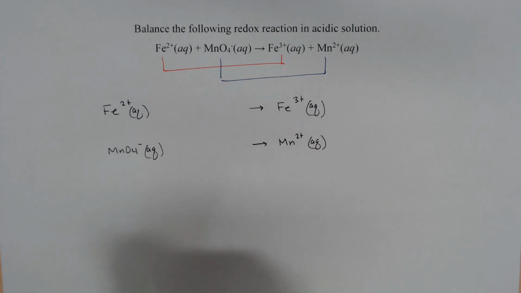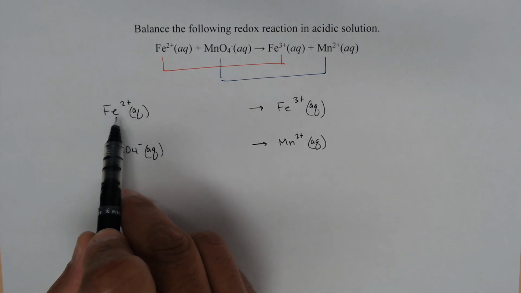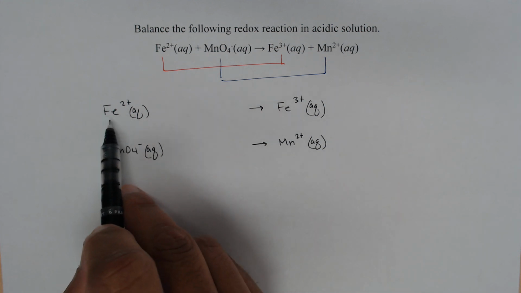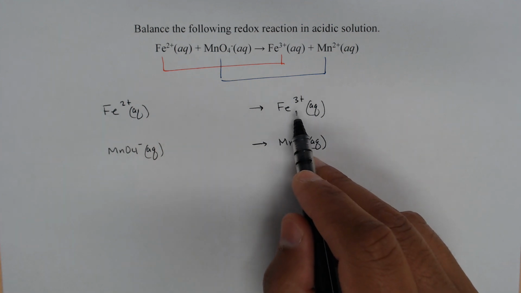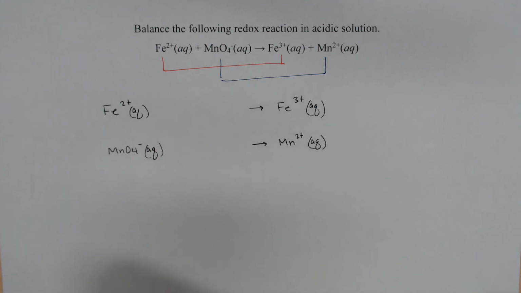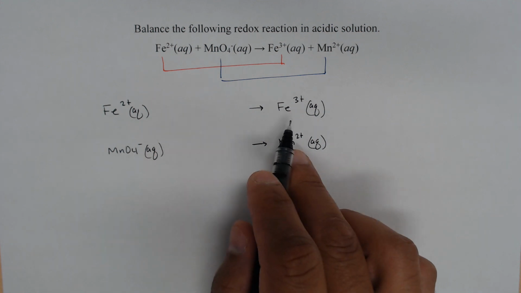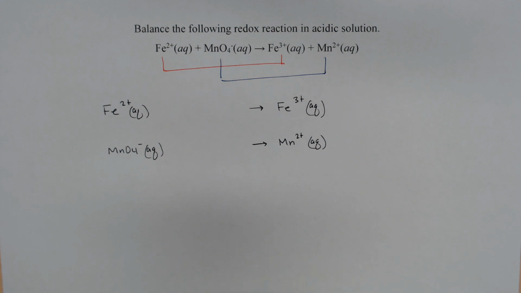But in the half reaction method, we need to balance charges as well. You notice there's a difference in charges. This iron is a 2+ oxidation state, and this iron is a 3+ oxidation state. The way we balance charges is by adding electrons.